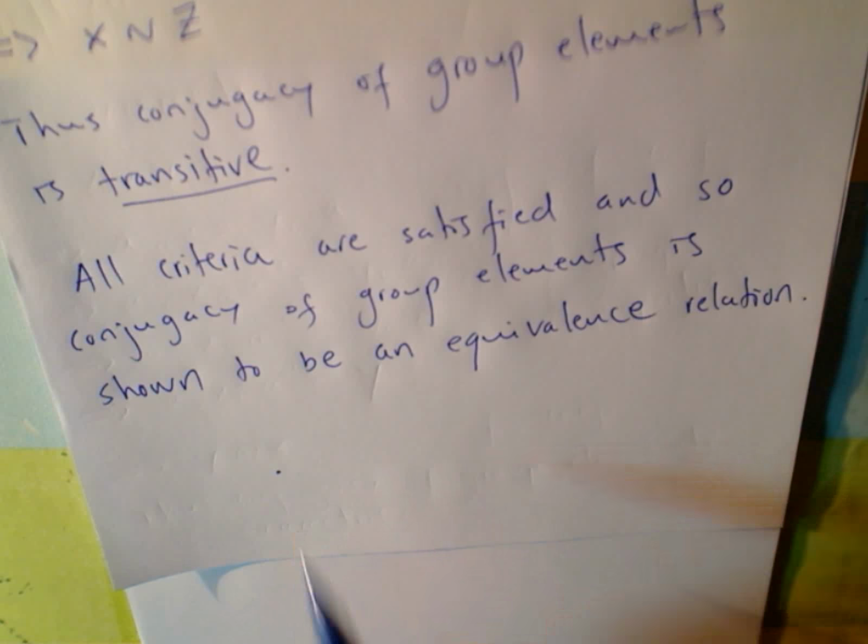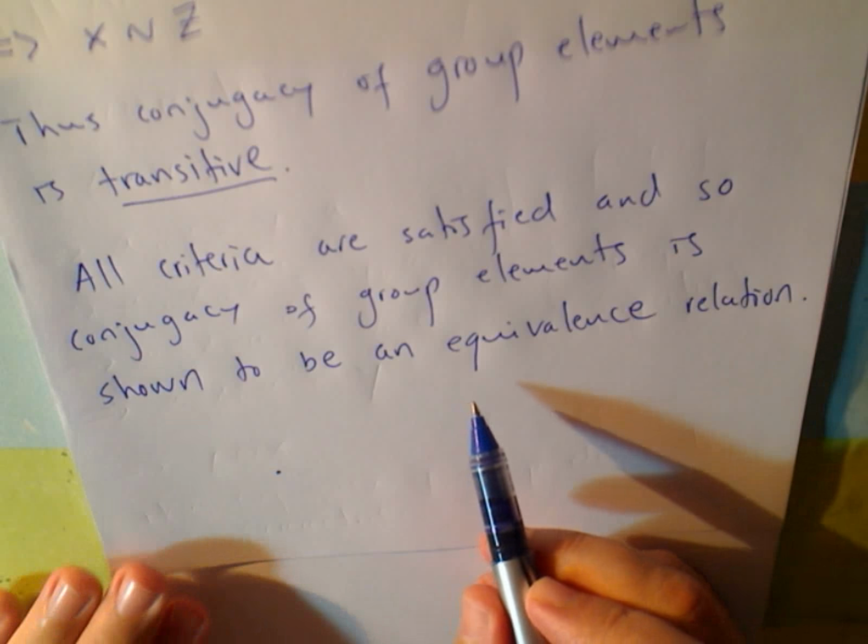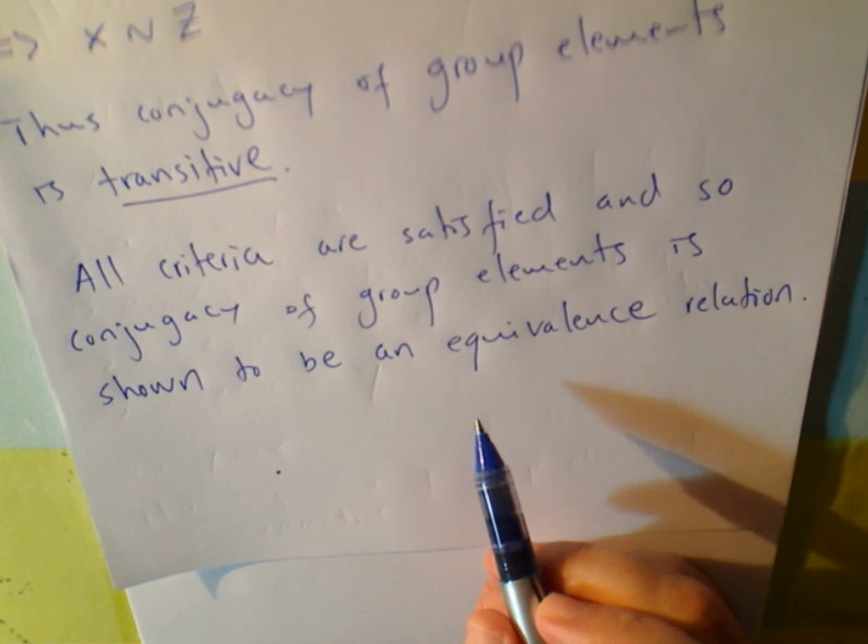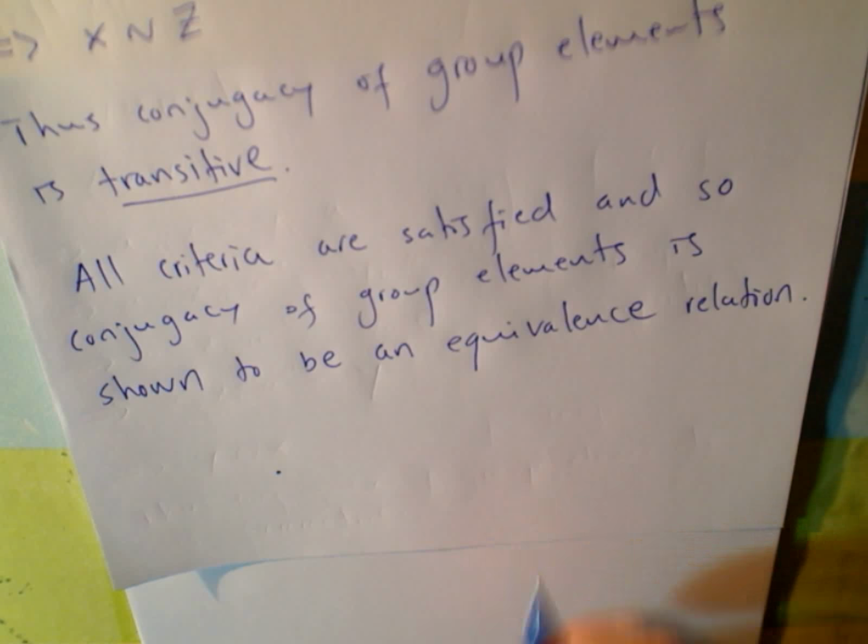So conjugacy is an equivalence relation, and every equivalence relation gives rise to equivalence classes.